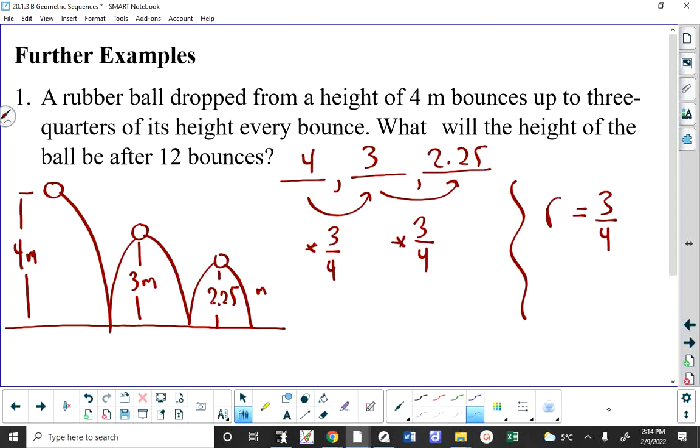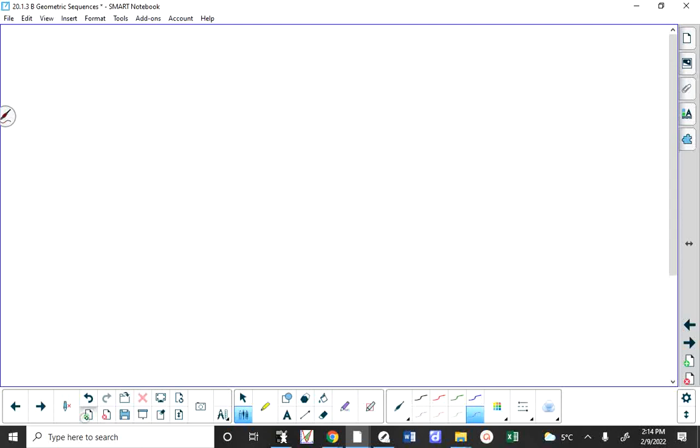Now comes the tough thinking part. The question is, what will the height of the ball be after 12 bounces? Now, if you look at the sequence I've got there, and I'm going to write it on a new page, I've got 4, 3, 2.25.